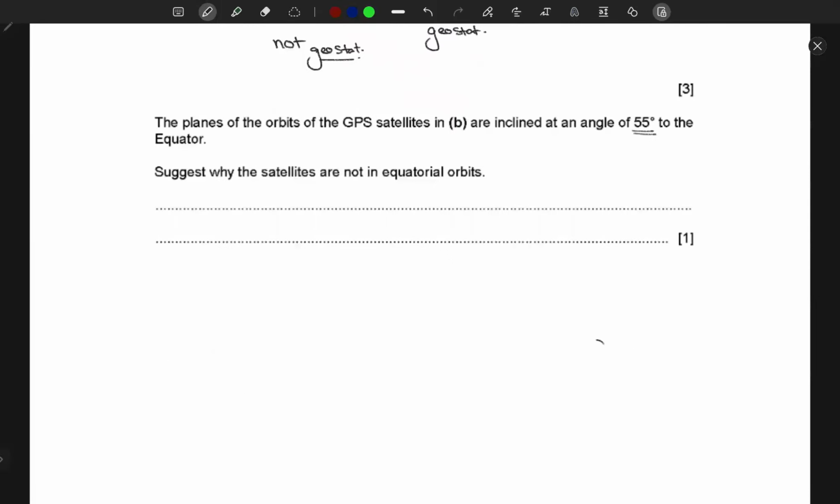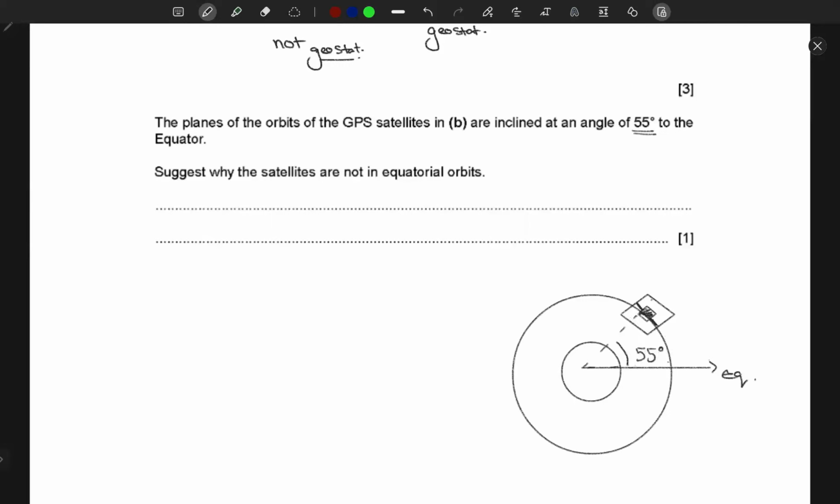So this is the Earth, and wherever the satellite orbits, you can draw it as a plane, and this is the plane in which the satellite is orbiting, and this plane is inclined, where this thing is the equator. The plane is inclined at an angle of 55 degrees to the equator, and this is where the satellite is orbiting. So this is the satellite, and it lies in that particular plane, and it's going to orbit like this.